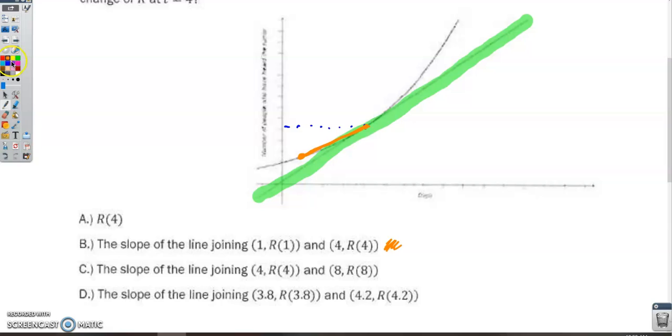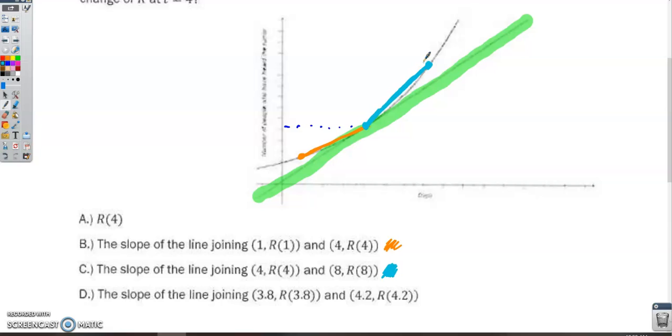I'm going to keep striving here for a best answer. Then let's look at the line joining 4, r of 4, and 8, r of 8, over here. This is the slope of the line joining those two points.